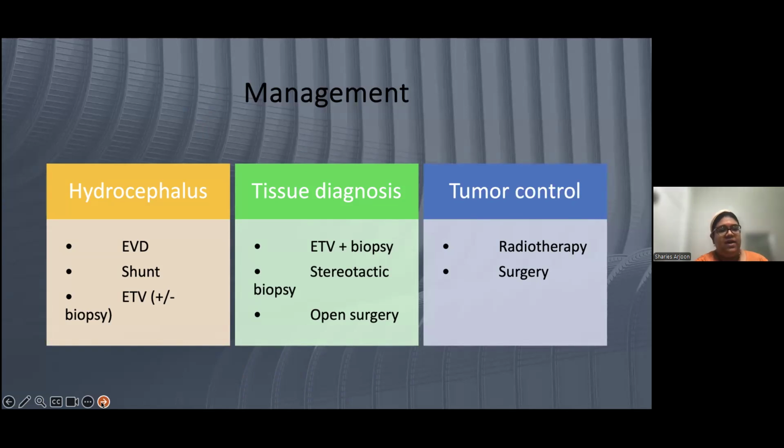In terms of hydrocephalus, to address it emergently, we can do diversion procedures as mentioned before: the external ventricular drain, ventriculoperitoneal shunts, or endoscopic third ventriculostomies plus or minus a biopsy, and in that case too, we would get a tissue diagnosis. Other ways to obtain tissue diagnosis would be by either a stereotactic biopsy versus an open surgery. And then for tumor control, we would consider things such as radiotherapy and surgery.